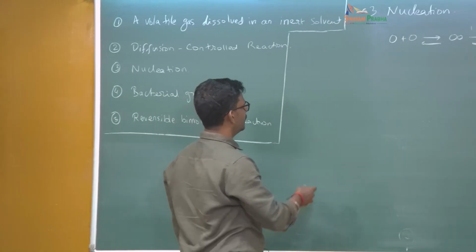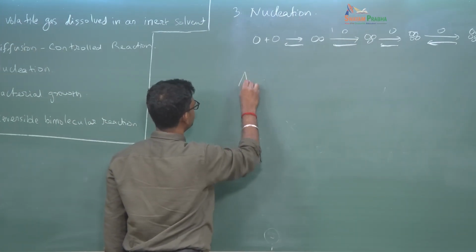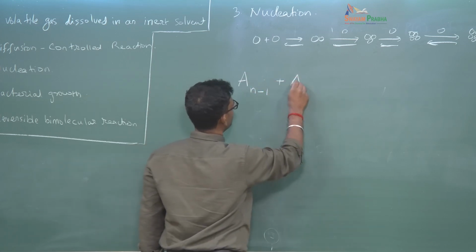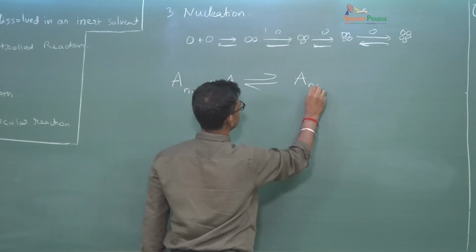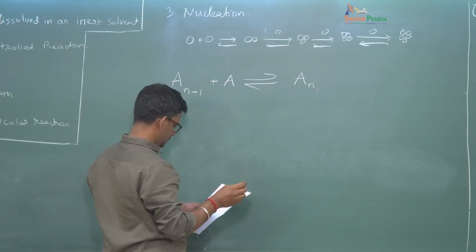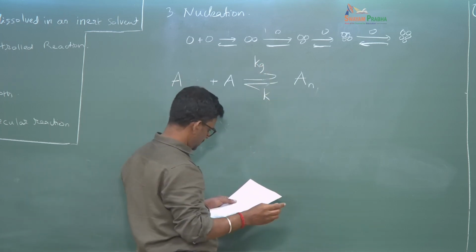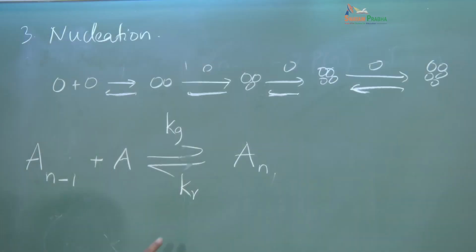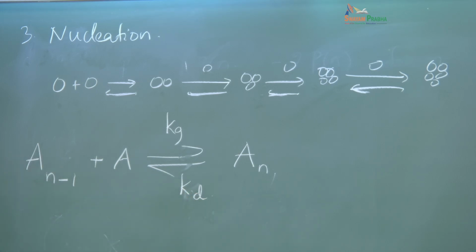So here we can represent this entire process using chemical kinetics. We say A_(n-1) combines with A and becomes A_n. Here I have K_g and K_r, or maybe K_d.